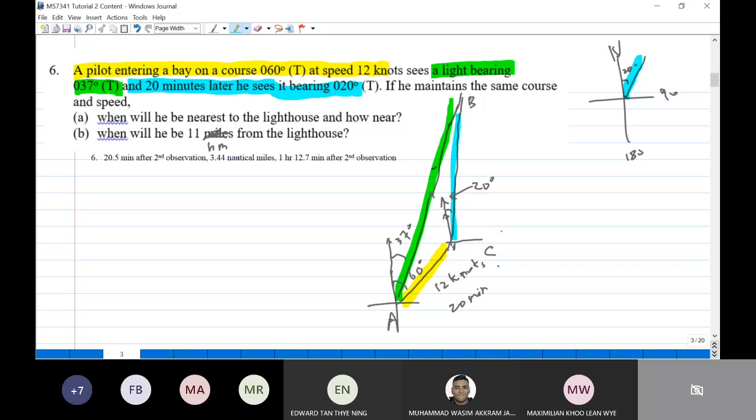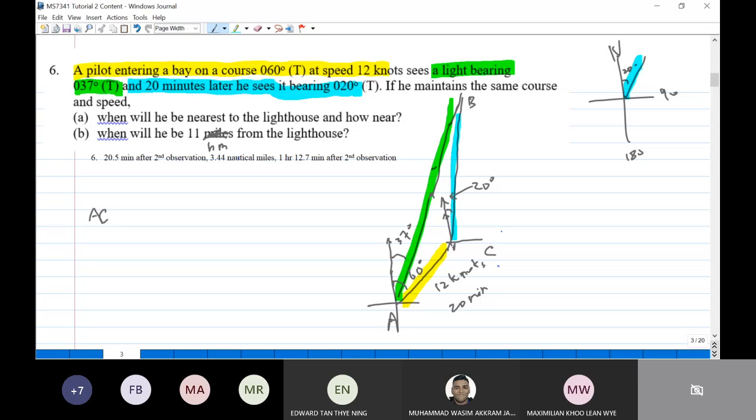Okay, what else do you know? Okay, C is 20 minutes later, right? So what is AC first? C is the one where you see the light 20 minutes later, and then the bearing is 20 degrees.